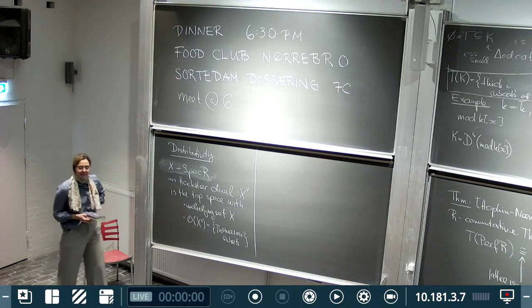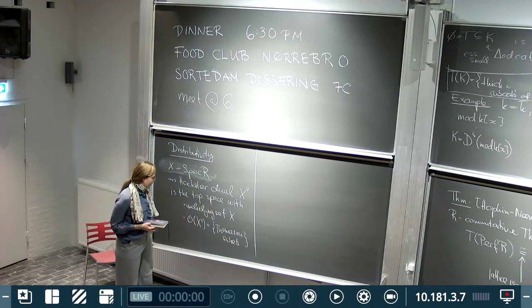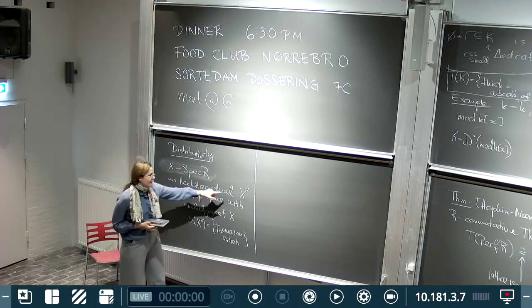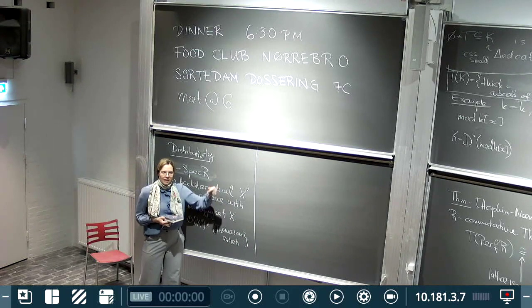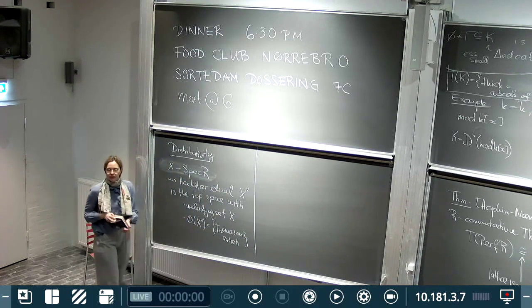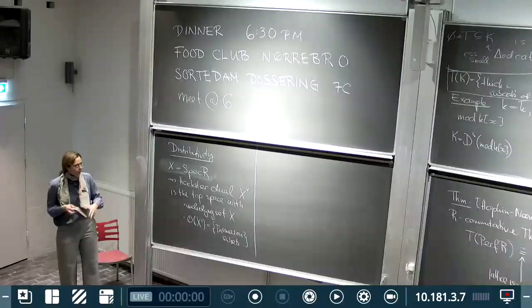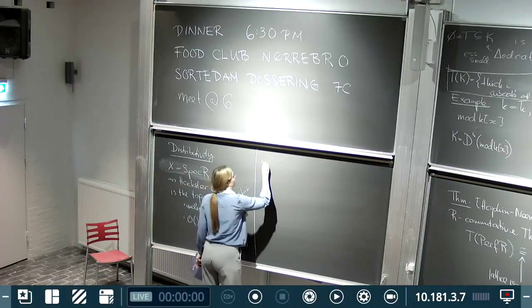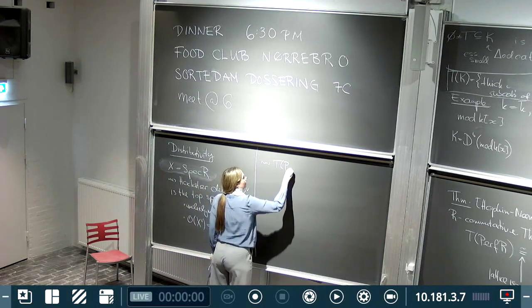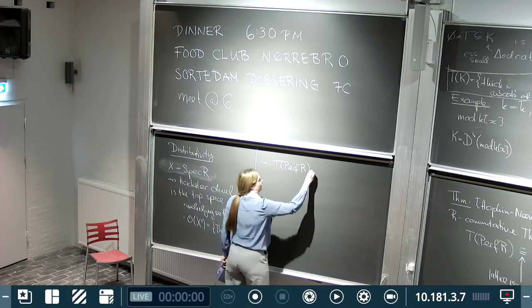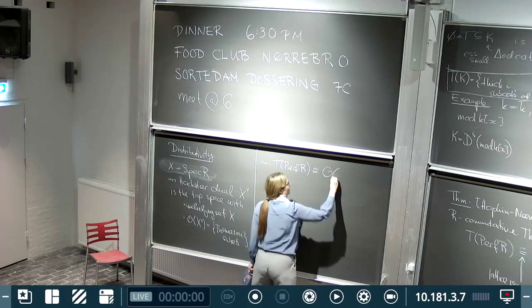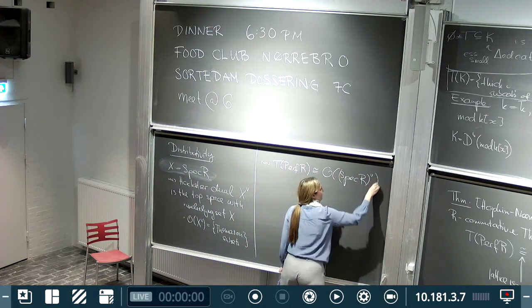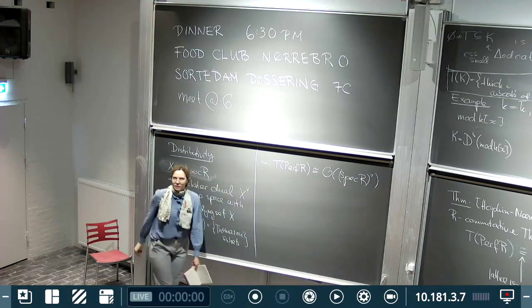Now, the deep thing here is that if you start with a spectral space, spec of R, this is still going to be spec of S for some reason. It's still going to be a spectral space. But relevant for us right now is that this means that the lattice of thick subcategories of perf of R is on the nose controlled by some topological space, namely the Hochster dual of spec of R.